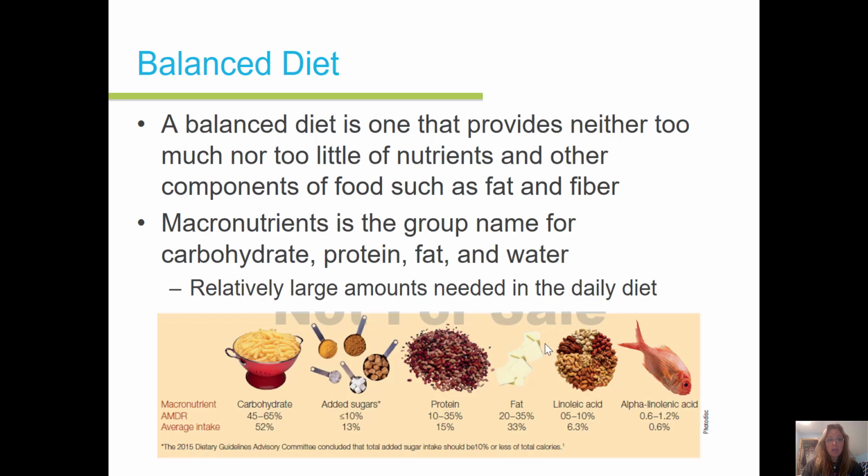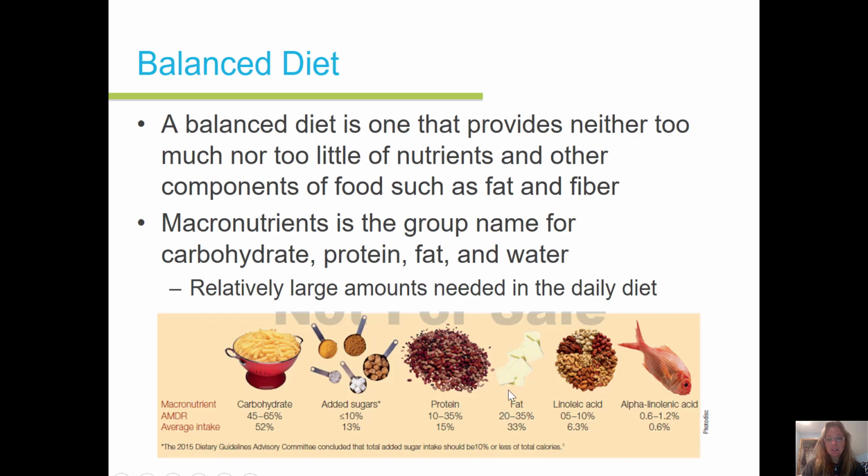So, for example, when we look at the macronutrient ranges, for carbohydrate, that's your first macronutrient, the acceptable macronutrient distribution range, that's what AMDR stands for, is 45 to 65% of our total calories. You can see here the average intake for most Americans is at about 52%. For protein, our second macronutrient, the acceptable range is 10 to 35% of your total calories.